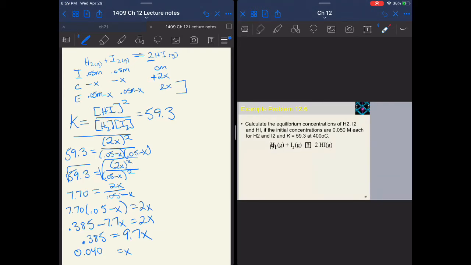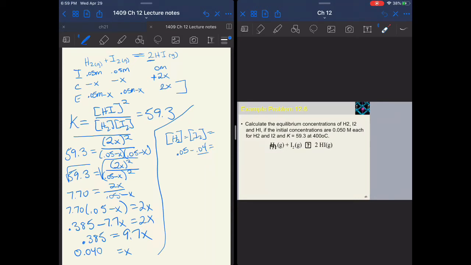The answer that we're looking for is the equilibrium concentrations. So I'm going to use this and go to what I know. I know that the concentrations of H2 and I2 are going to be the same, and that at equilibrium they're going to equal 0.05 minus 0.04, because that was x.